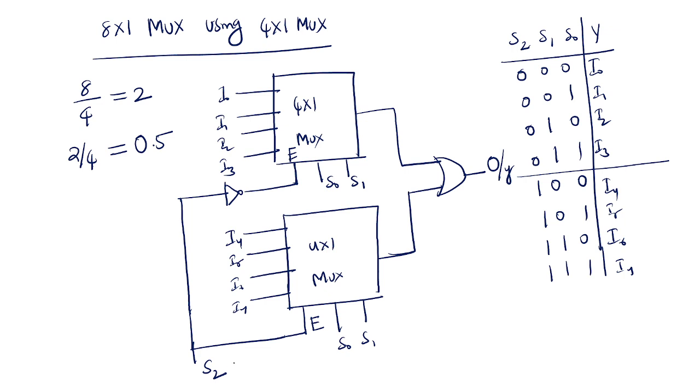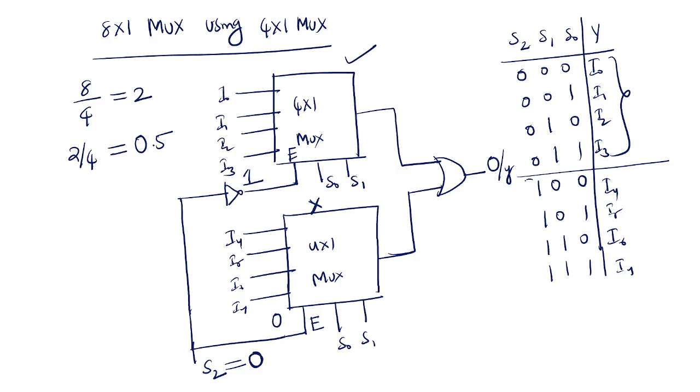When S2 equals 0, this becomes 1, and this becomes 0, so this will be activated and this will be in inactive state. So you are getting the output from I0 to I3.